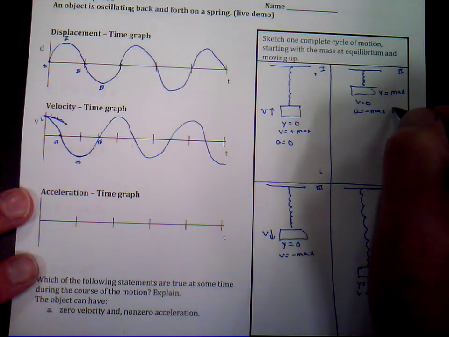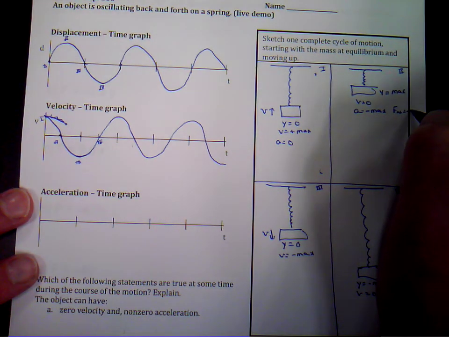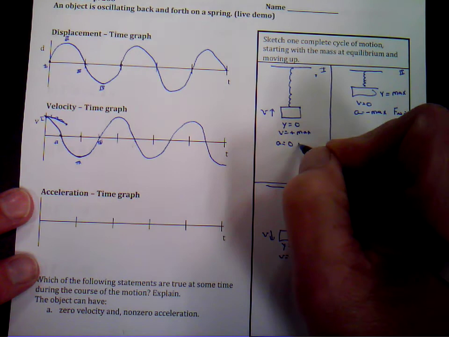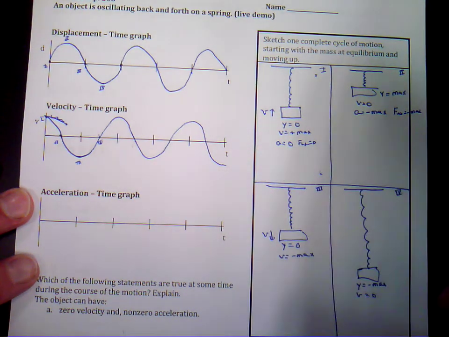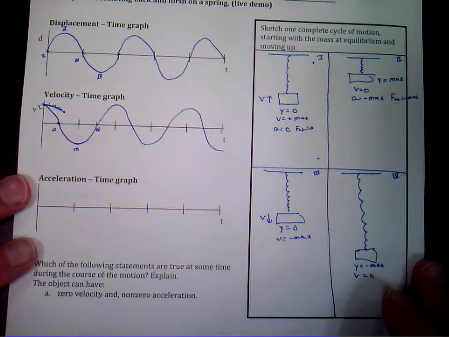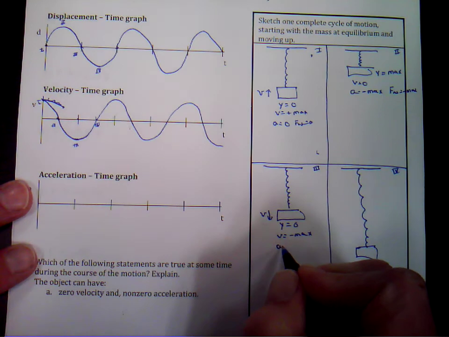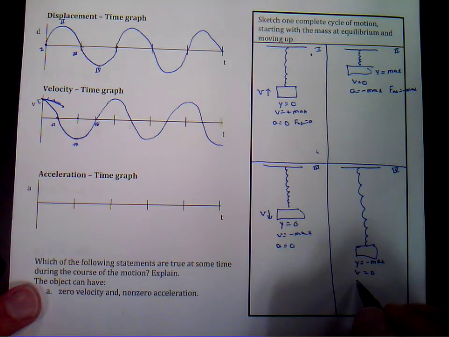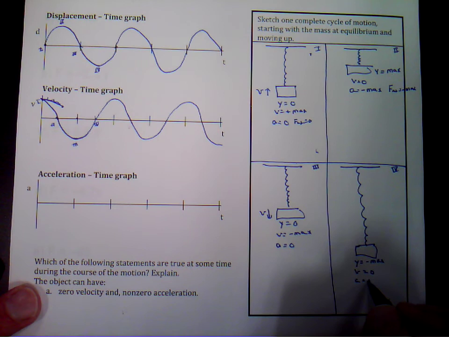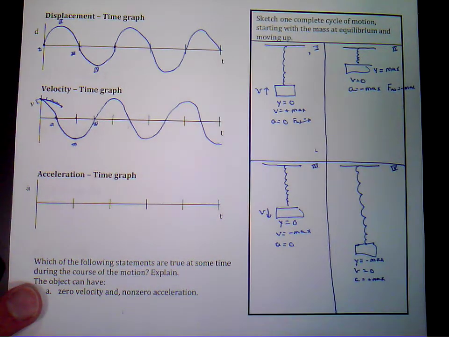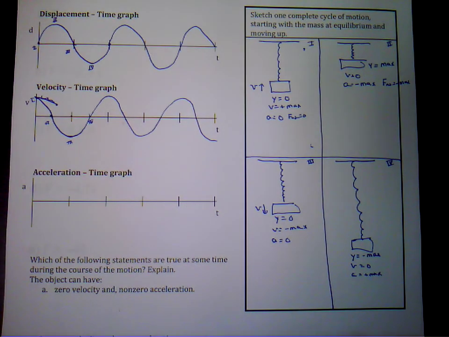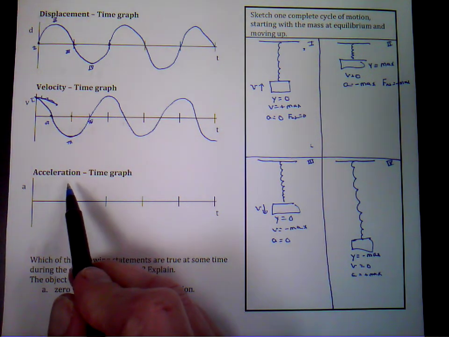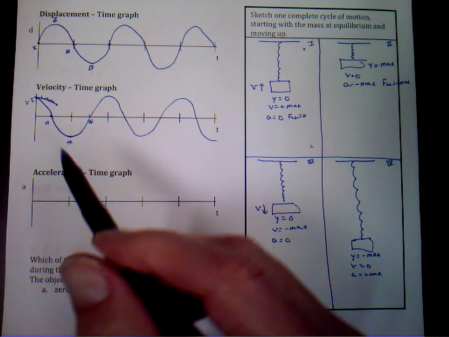In other words, the net force is some negative maximum value. Here, the net force is 0 at equilibrium position. This acceleration here is also 0 because the net force is 0. The acceleration here is some positive maximum value going up.